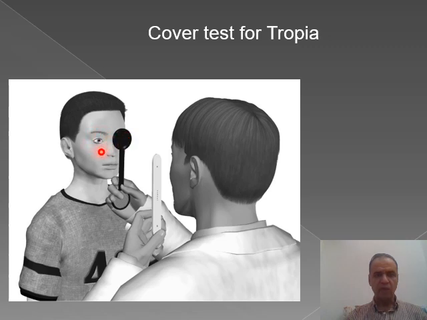If there is any corrective movement to take fixation, it means there is a tropia. Then we occlude the right eye and look at the left. If there is any movement, it means there is tropia. So normally, when we occlude either eye, there is no corrective movement of the other eye.